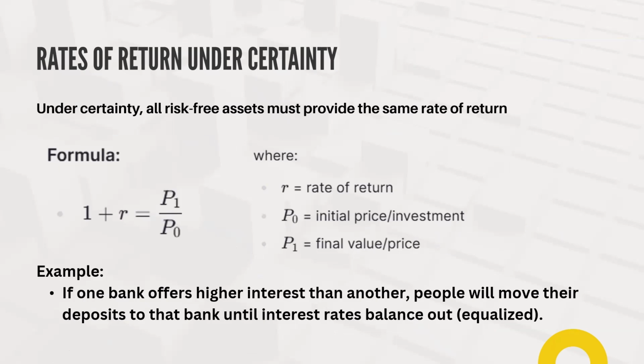So here the formula is 1 plus R equals P1 by P naught, where R is the rate of return, P naught is the initial price or investment, and P1 is the final value or price. So here we see an example: if one bank offers higher interest than another, people will move their deposits to that bank until interest rates balance out or are equalized.